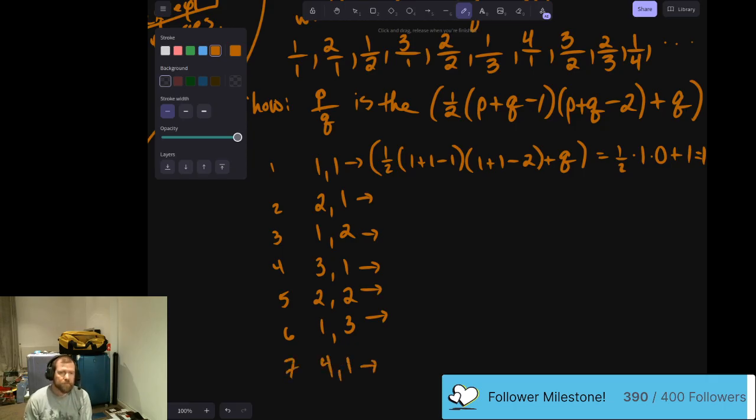And I know that if we're doing actual induction, we only need to show that this works for the n plus 1th term given the nth term.